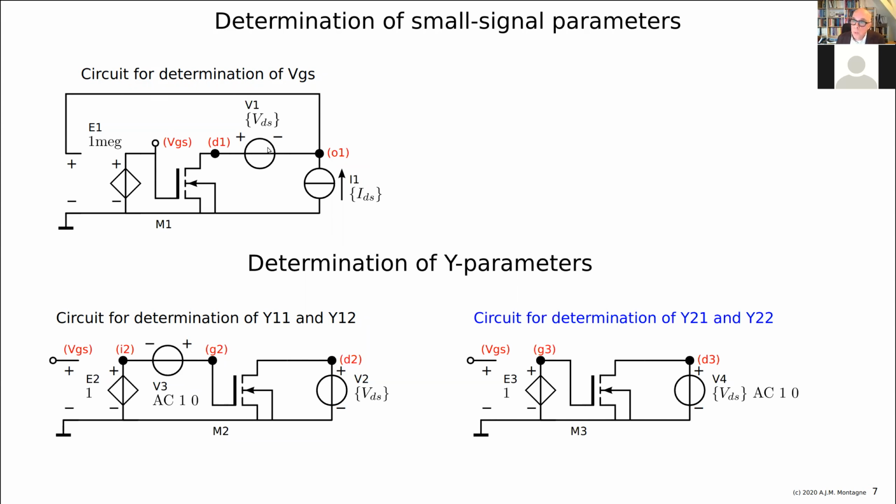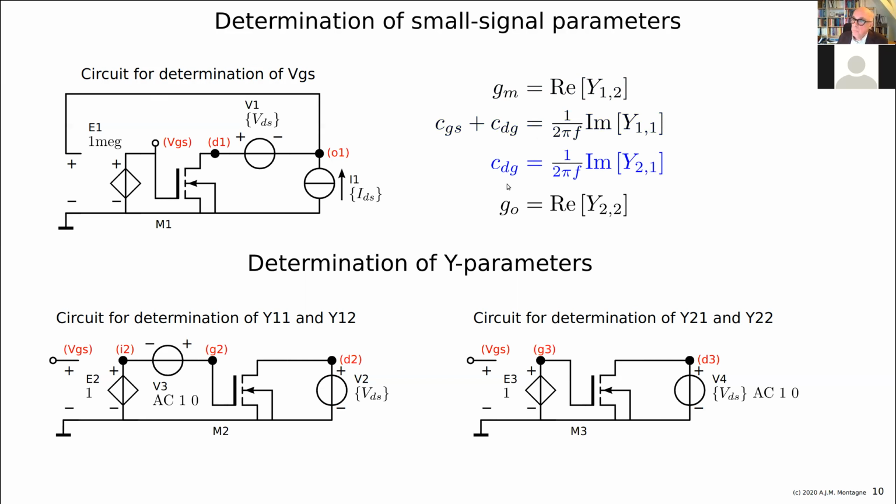And if we sweep the voltage here or sweep the current here, we can measure the Y parameters over different operating points. And that is basically what we are doing, and then calculate the transconductance as the real part of Y12, the input capacitance as 1/2 pi f times the imaginary part of the input admittance, the feedback capacitance as 1/2 pi f times the imaginary part of Y21, and the output conductance as the real part of Y22.